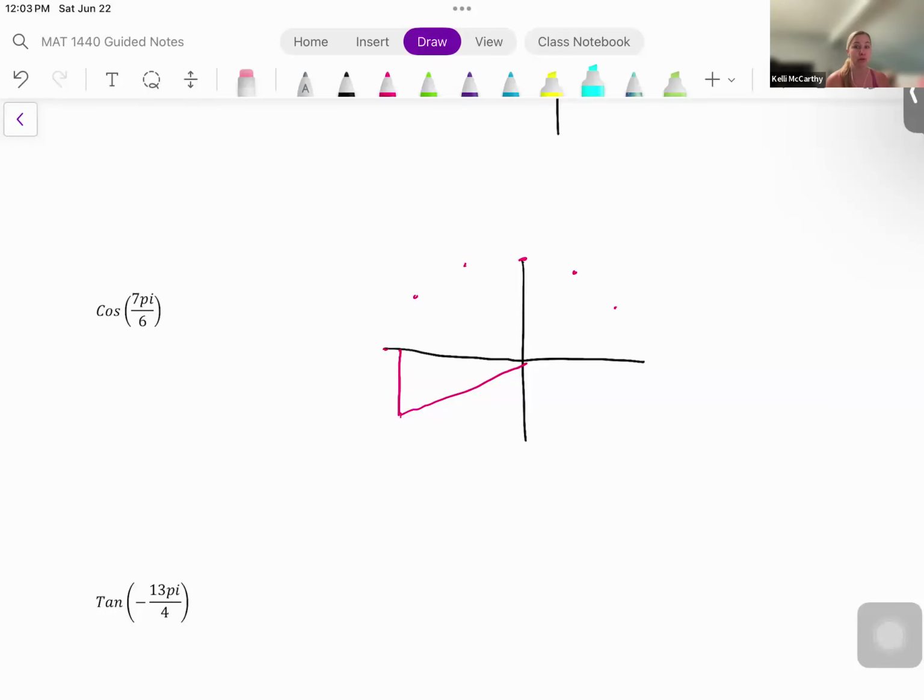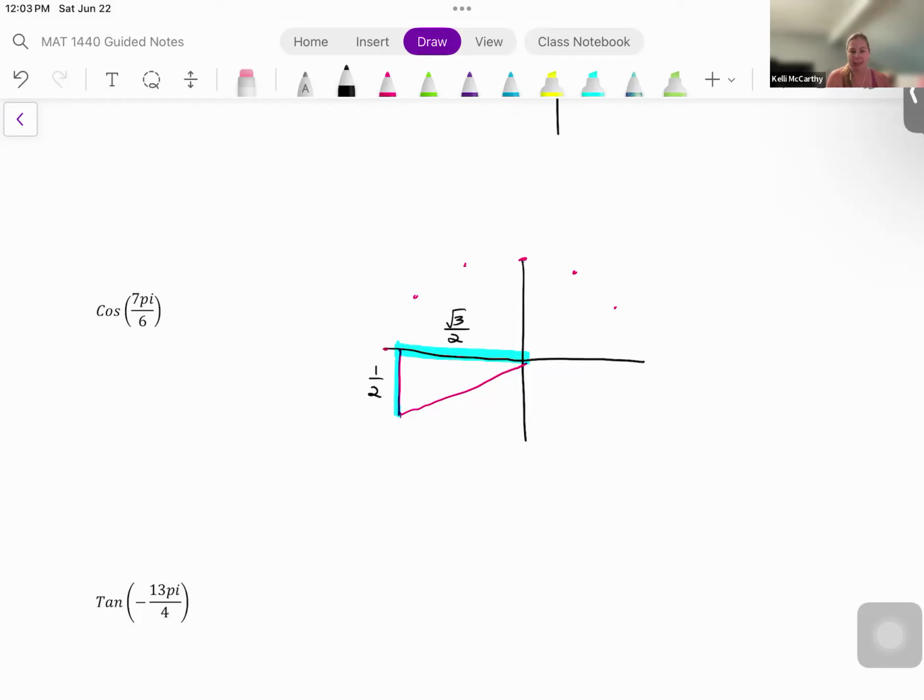We know that square root of 3 over 2 is larger than 1/2. If I look at my triangle, my x is longer than my y. So that means my x has to be that square root of 3 over 2 value, and my y has to be the 1/2.